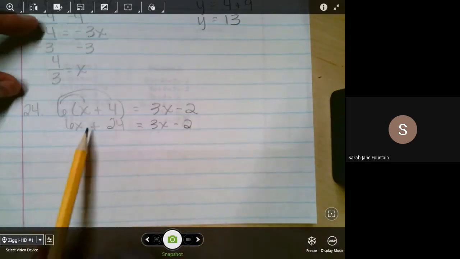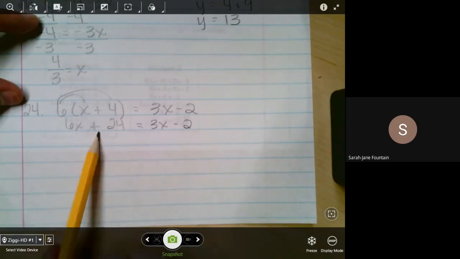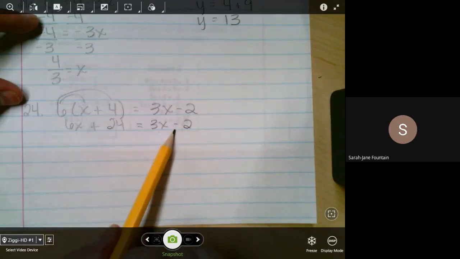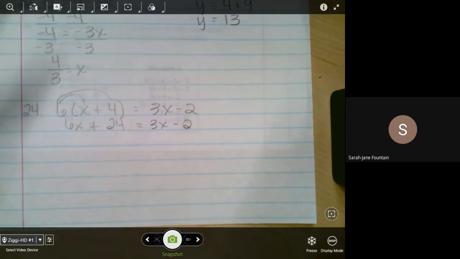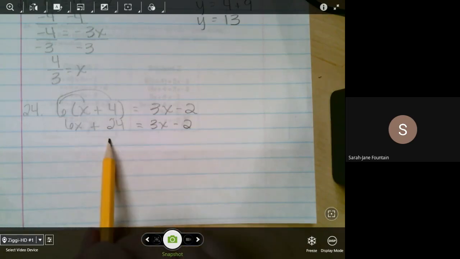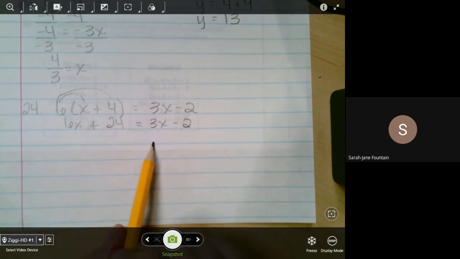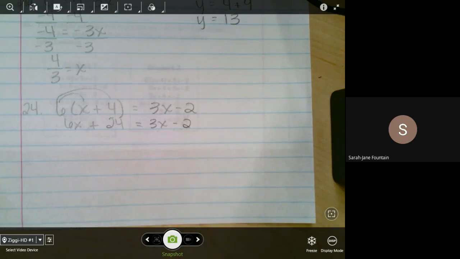We could add or subtract, because the inverse of addition is subtraction, and the inverse of subtraction is addition. I'm going to get a negative no matter how I look at it. If I add 2, that gives me positive 26, but then I have to subtract 6, which gives me negative 3. So I'm going to get a negative answer no matter what. Let's just figure out what would be easier.